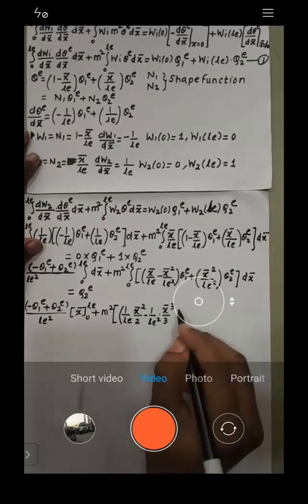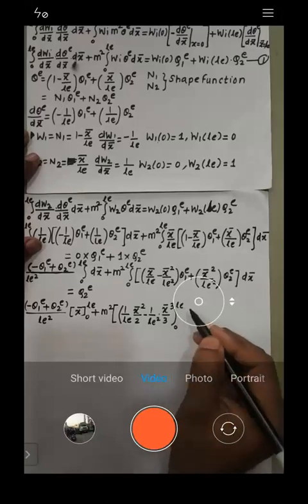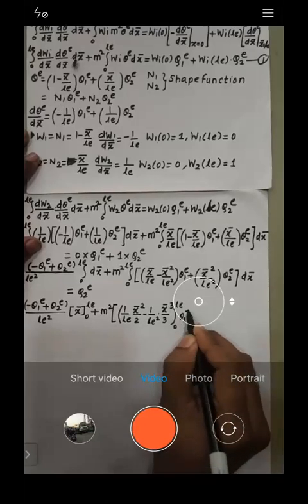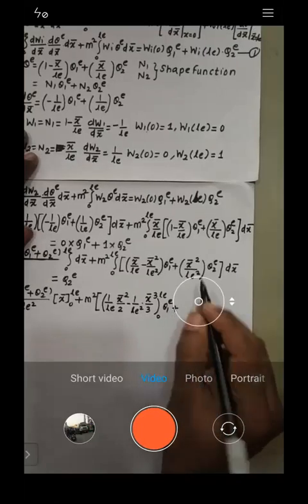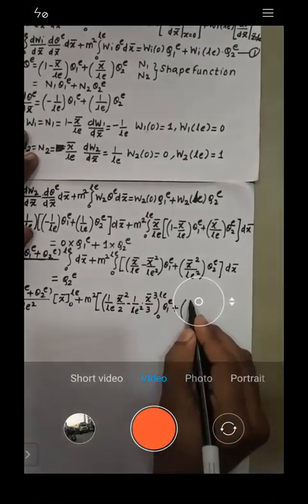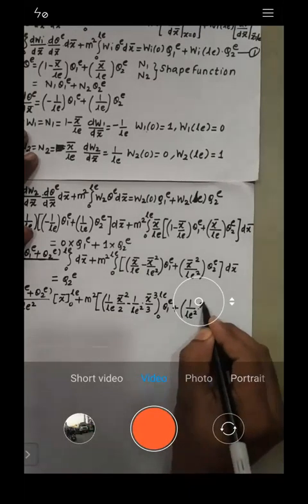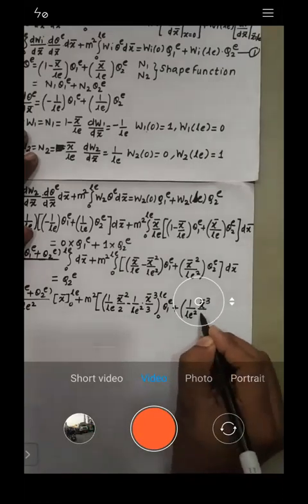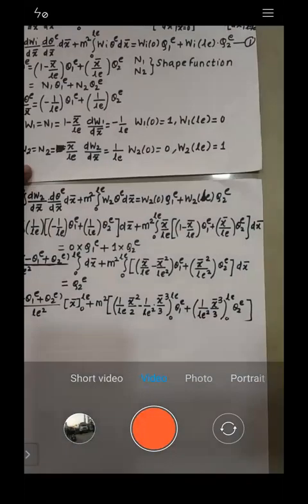Is it okay? For limit 0 to LE theta 1E. Is it okay? Plus, we integrate this value. So it is 1 by LE square into x bar cube by 3 for limit 0 to LE into theta 2E. Is it okay? We have integrated it, right? Now we need to solve.